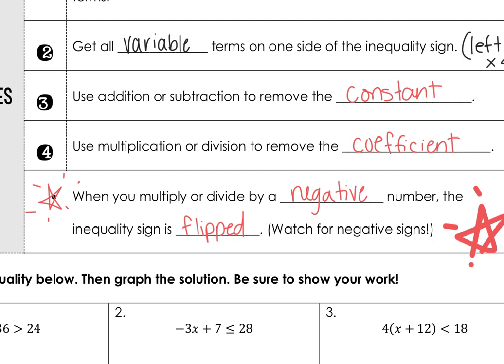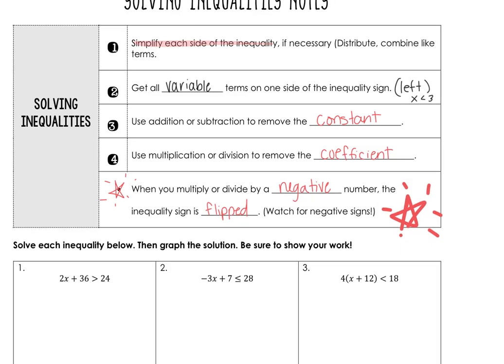So in order to keep the inequality true, we're going to have to flip the sign. So if it was a greater than, we're going to flip it to a less than. Or if it was less than, we're going to flip it to a greater than. Okay? And we'll have some in our practice, so you'll see what I mean.